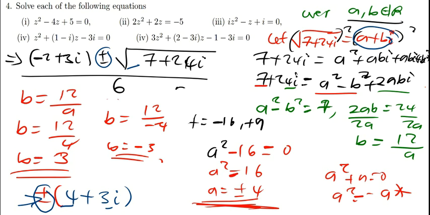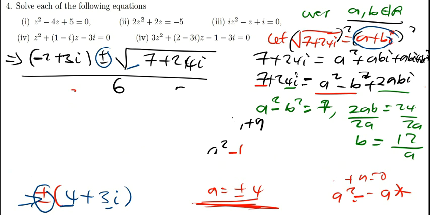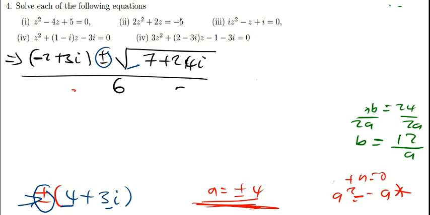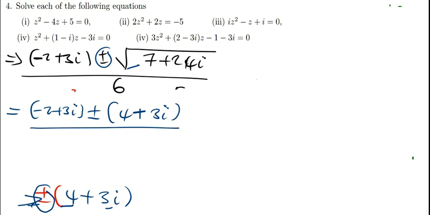So I continue here. I no longer need this part. The best thing now is z is equal to negative 2 plus 3i, then plus or minus, I'll ignore this plus or minus, open brackets, the square root we have found, 4 plus 3i, and I'll divide everything by 6.